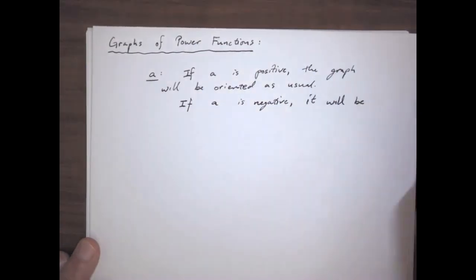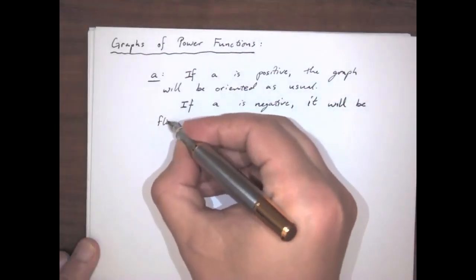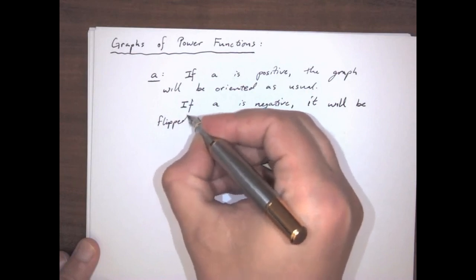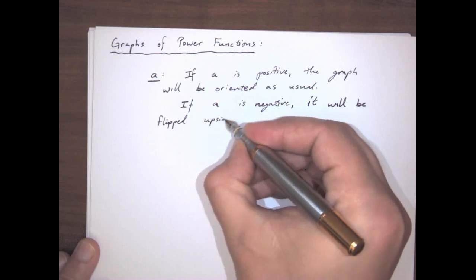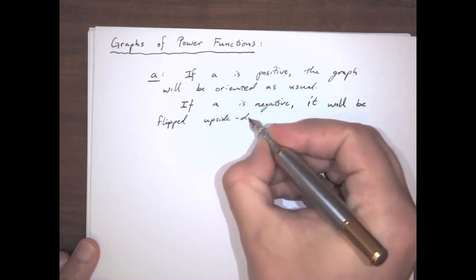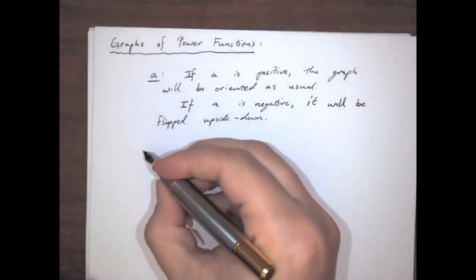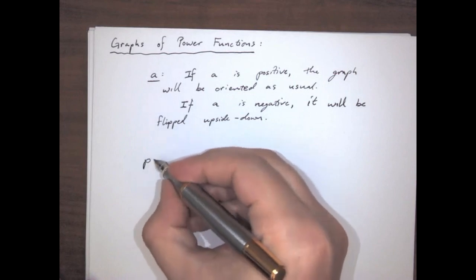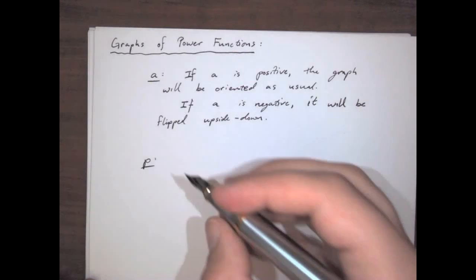It will be flipped. So that's the importance of the a. It will tell you if you have regular orientation or upside down. Now as for the p, we have several possible things to consider.